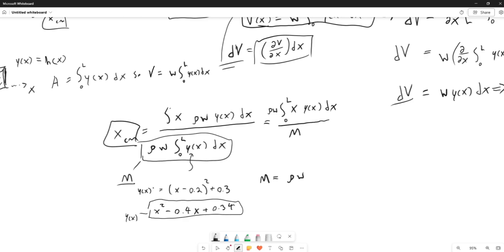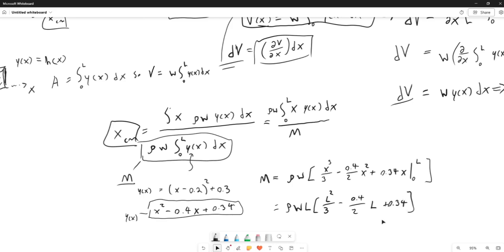And so we use the inverse power rule, and we get rho W times x cubed over 3 minus 0.4 over 2 x squared plus 0.34x from 0 to L. And so we just get rho W times L squared over 3 minus 0.4 over 2 L plus 0.34.